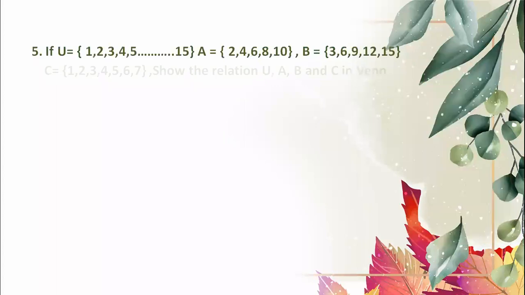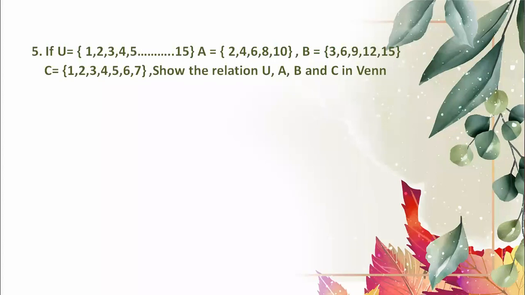So the next question for you was: if U is equal to 1, 2, 3, 4, 5 up to 15, A is equal to 2, 4, 6, 8, 10, B is equal to 3, 6, 9, 12 and 15, C is equal to 1, 2, 3, 4, 5, 6, 7.